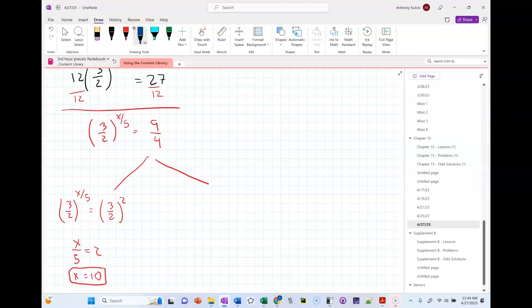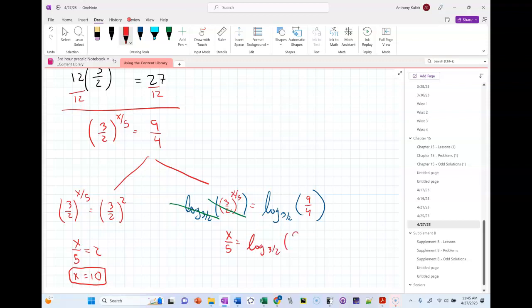Or if you wanted to use a logarithm, you could use log base 3 over 2, the same base as the exponential. So those guys cancel out. So I just multiply the 5 over.